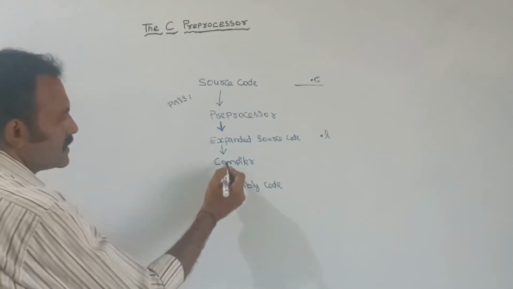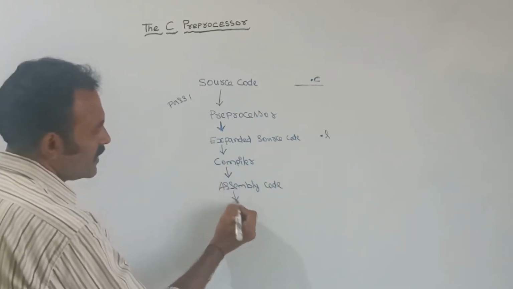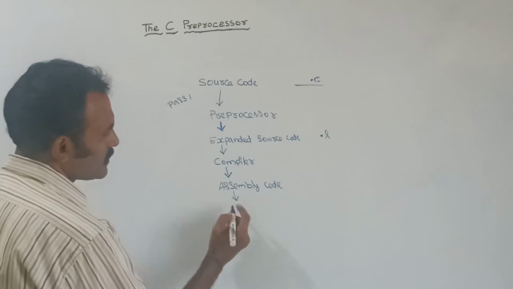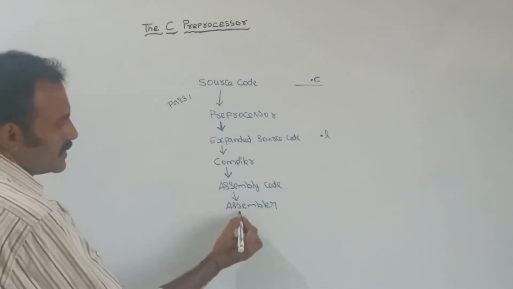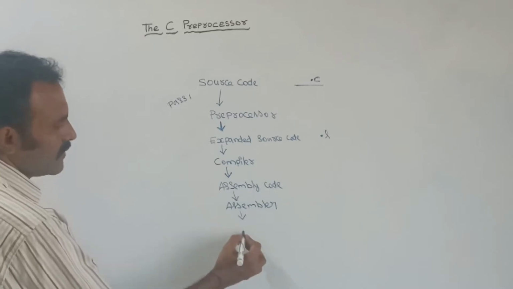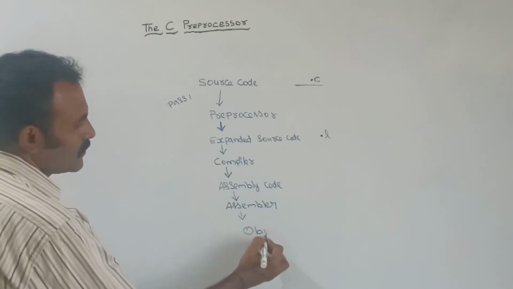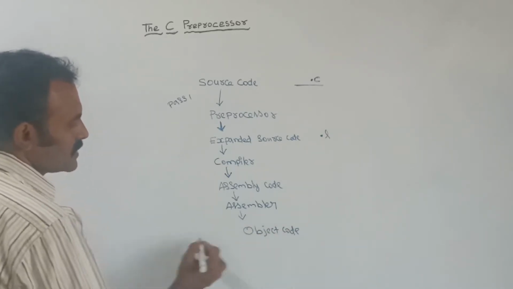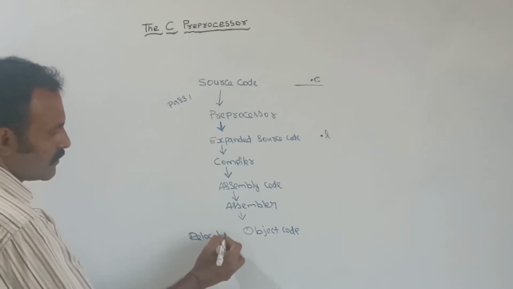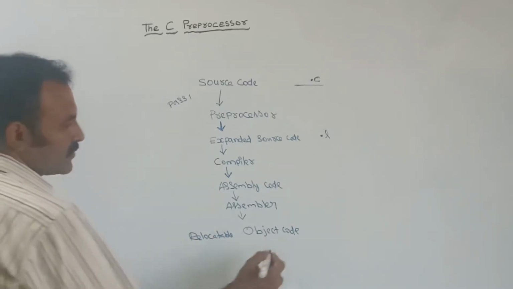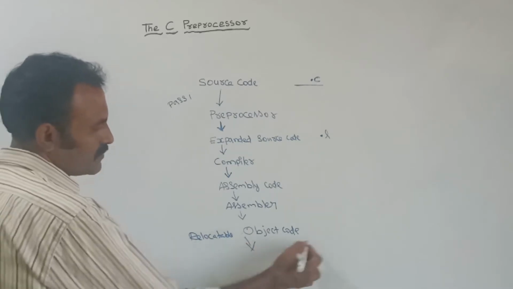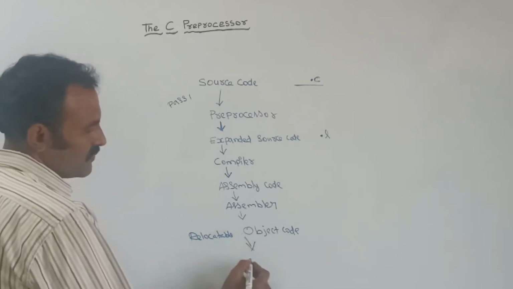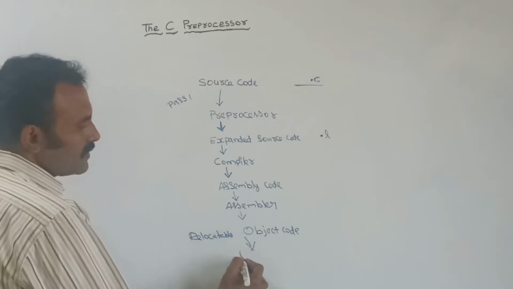Next, this assembly code is passed to the assembler. After that, this assembler will create the object code, that is, relocatable object code is generated by the assembler, and this object code is passed to the linker.